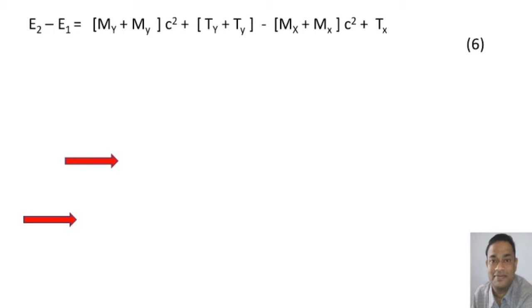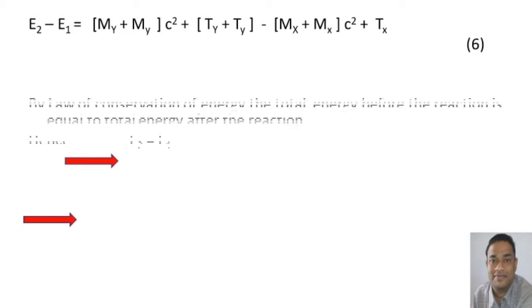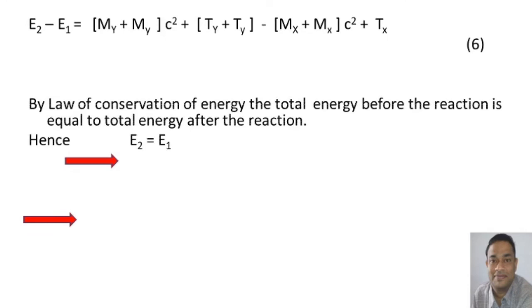And if you substitute the value, we get E2 minus E1. This is equal to the expression given by equation 6. Now by the law of conservation of energy, the total energy before the nuclear reaction should be equal to the total energy after the nuclear reaction.